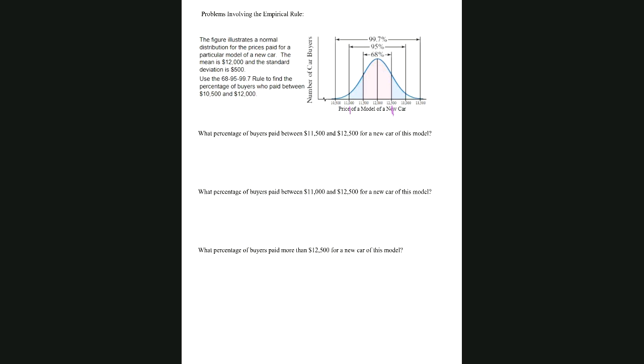Well, I know that from here to here will be 1/2 of 95%. And then I know from here to here will be 1/2 of 68%. So basically I'm going to take half of 0.95 and add that to half of 0.68.